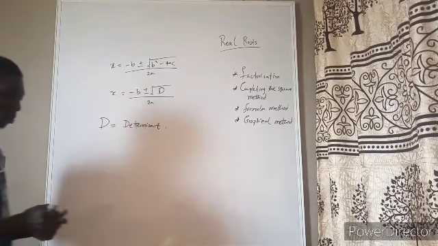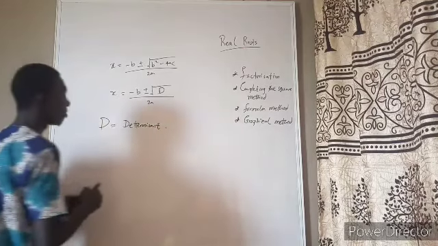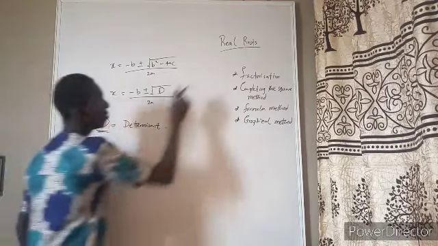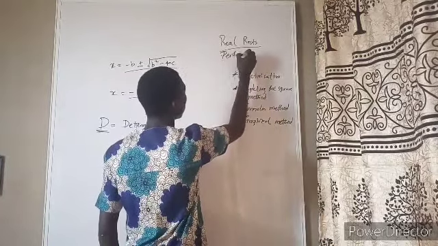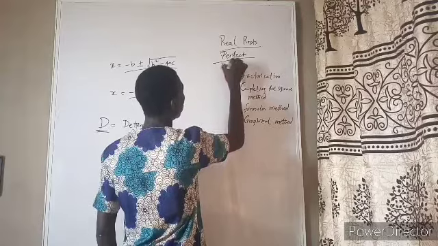Why do you think it's like that? Because this D tells if it will be real, perfect, or imaginary.